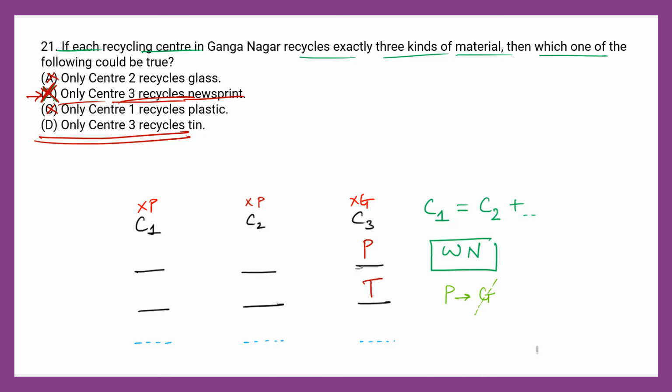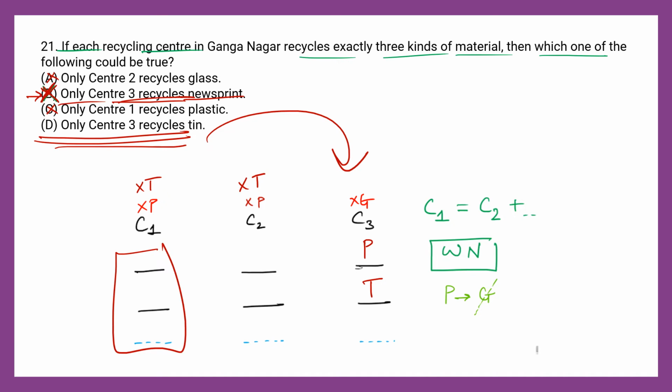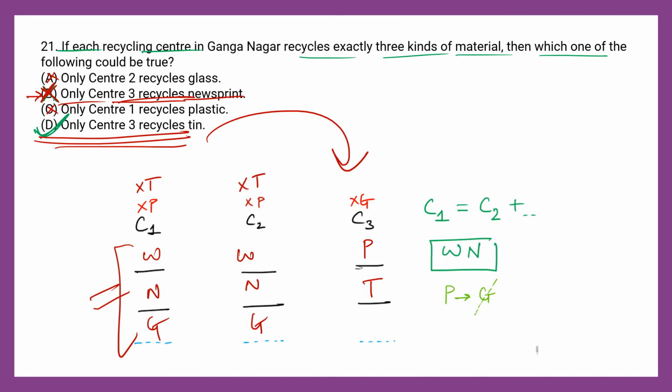Let me put T in here. Yes, that works quite okay. That means you don't have T here or here. Only center 3 recycles T. Then if I have to fill 3 spots here, you could use W, N, and G. This works out, which means that yes, this could be true. So the answer is option D.